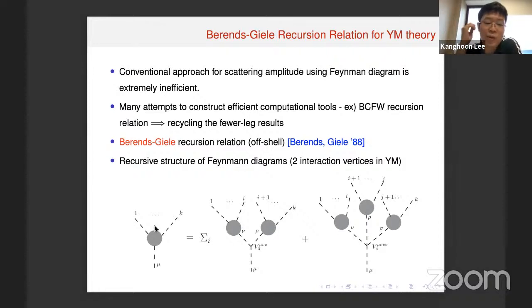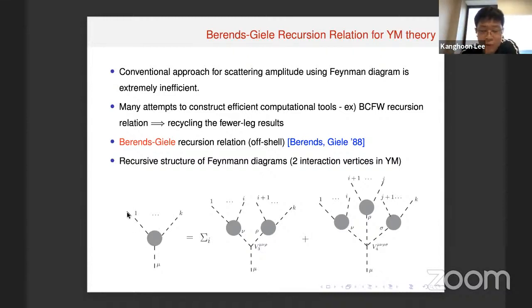Usually when we check that conservation, we have to use the equation of motion. But in this case, we don't have to use any equations of motion. It's more like a Ward identity. So we can rearrange the Feynman diagrams this way.